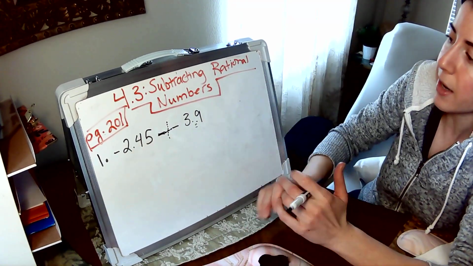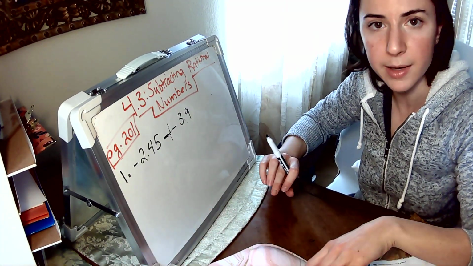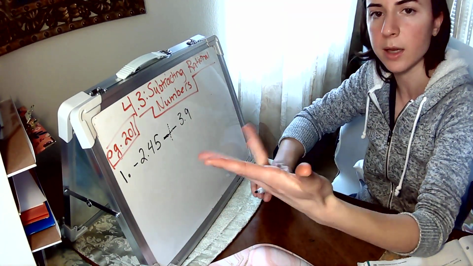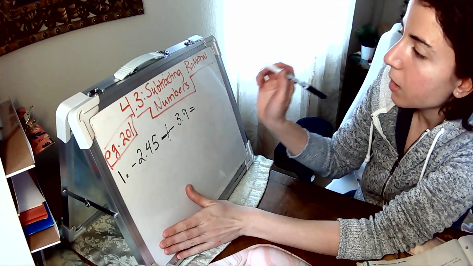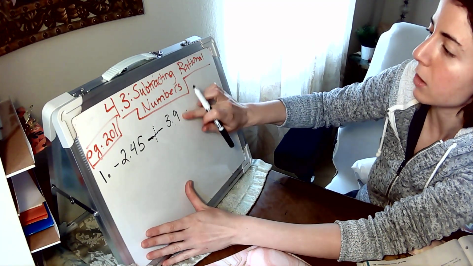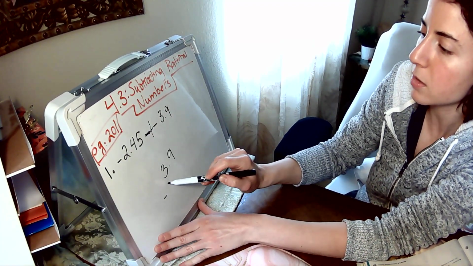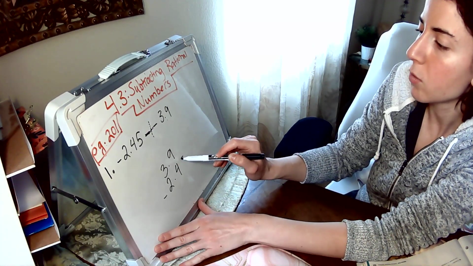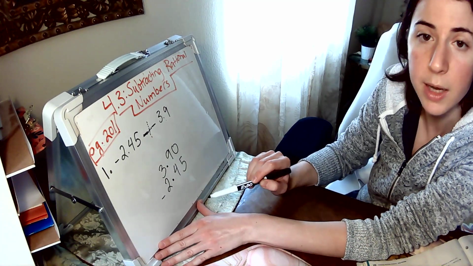So I'm going to go ahead and subtract, but you always have to keep track of your signs. Remember, a sign is whether it's positive or negative. You just always want to keep track of them. So here, I'm just going to do 3.9 minus 2.45. Going to put a 0 in the blank space, and make sure my decimal points are lined up.